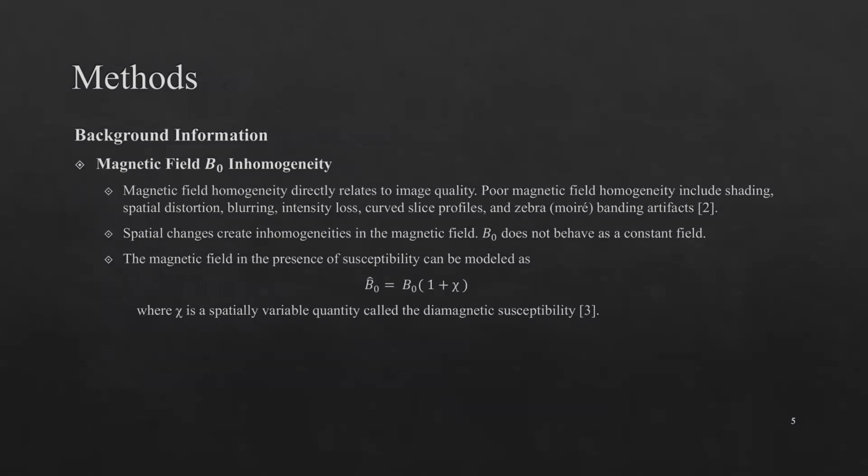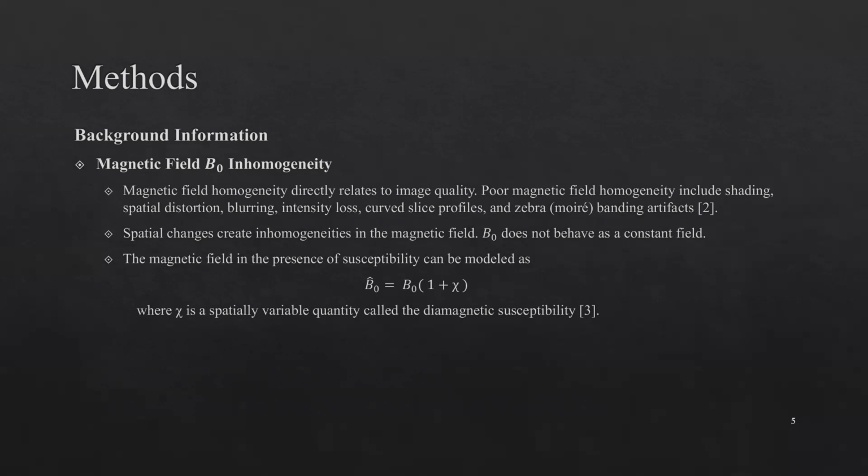The magnetic field throughout the object that is desired to be scanned is supposed to be constant during MRI scanning. In reality, it does not behave as a constant due to spatial changes that create an inhomogeneity in the magnetic field. There are three sources of fluctuations of concern in MRI, which are magnetic field inhomogeneities, magnetic susceptibility, and chemical shift.